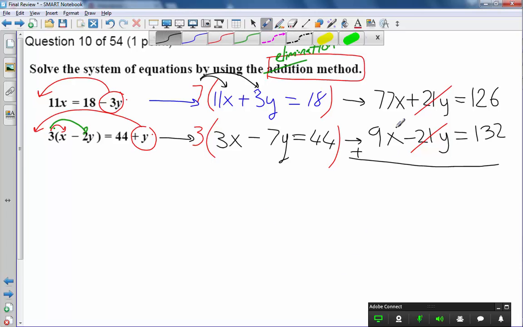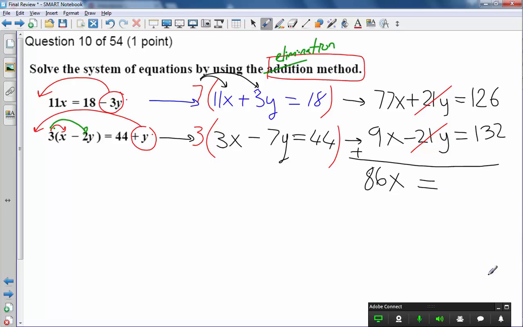Well, on the x side, however, they are joining together: 77 of x and 9 more, we get how many? 86. And we add the right sides as well, that becomes 258. Right?